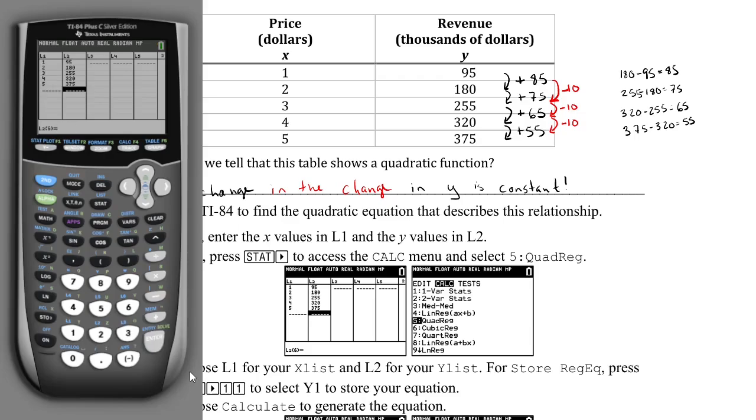Going to give that a quick proofread. Looks good. And now we want to generate a quadratic function.